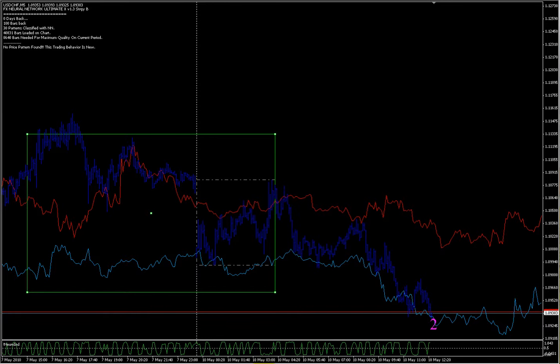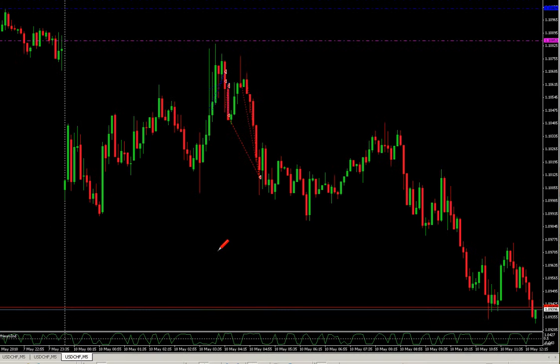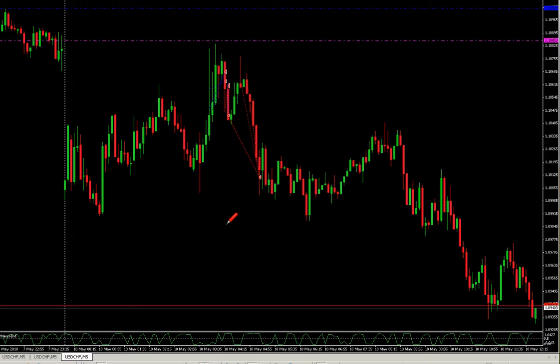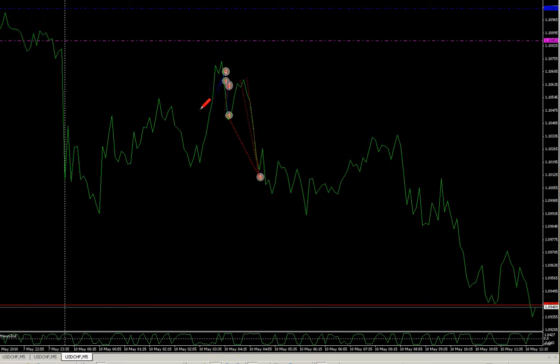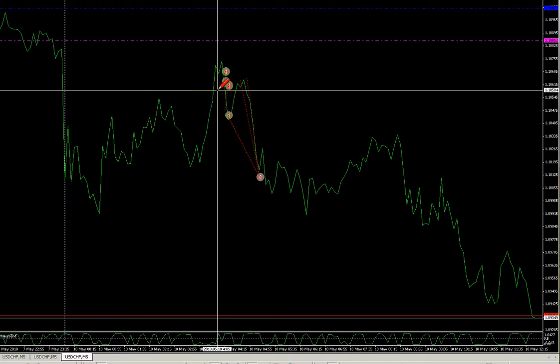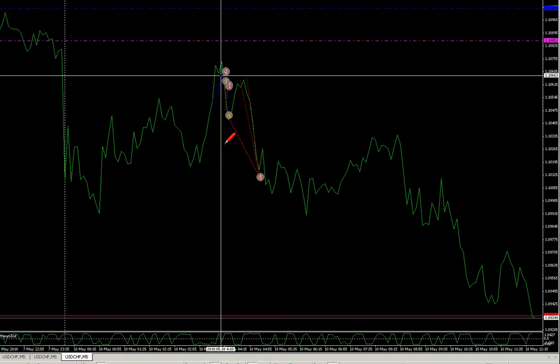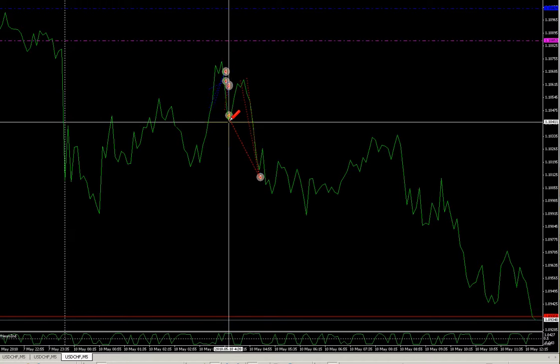So I'm going to show you now the real account trade, and this is my real account, no sensitive information shown, just the trades. You can see that I went long here, a few missed entries, but that's the trade I told you I didn't want to talk about.